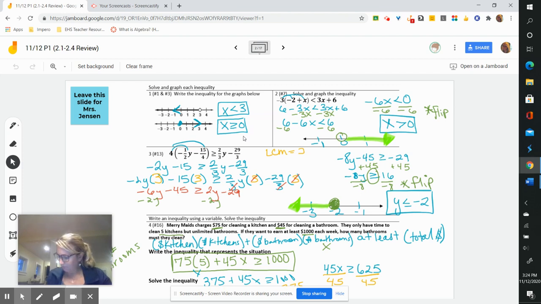So the solution to the inequality is x is greater than or equal to 13.9. But that doesn't really make sense to our word problem. So let's answer it in context. So if the number has to be greater than or equal to 13.9, that means they have to clean at least 14 bathrooms to earn $1,000 a week.